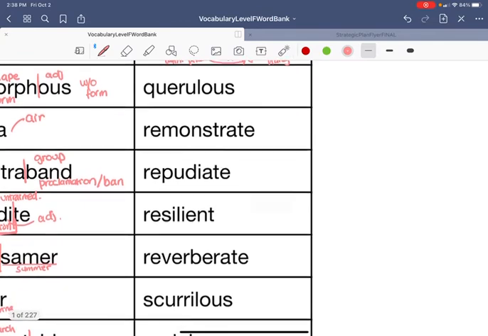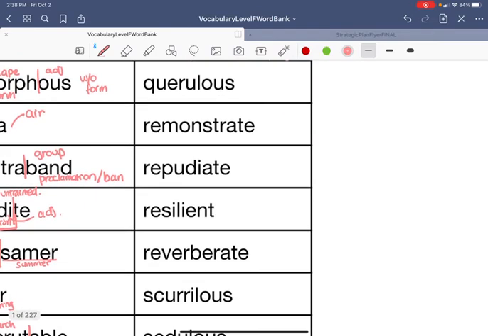So let's move on to the next one, querulous. I say querulous, but okay. Ous is an adjective, and quer means to question or to complain.